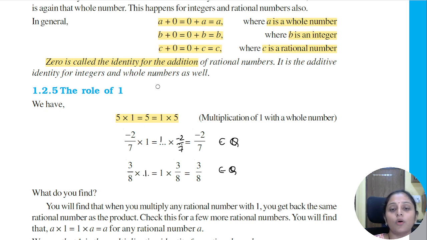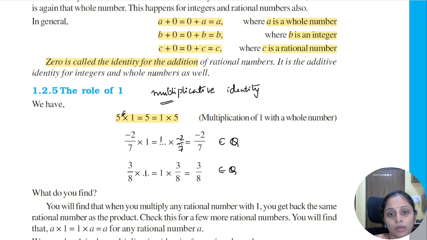So here 1 is called the multiplicative identity, right? What do we mean by multiplicative identity? Whenever this identity, multiplicative identity is multiplied by a given number, you get back the same number.